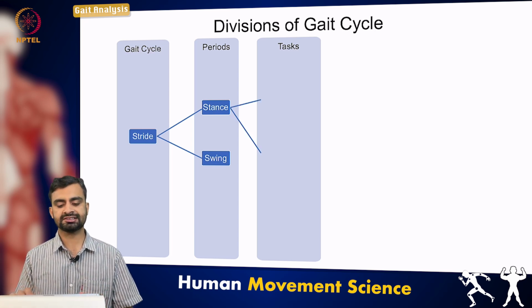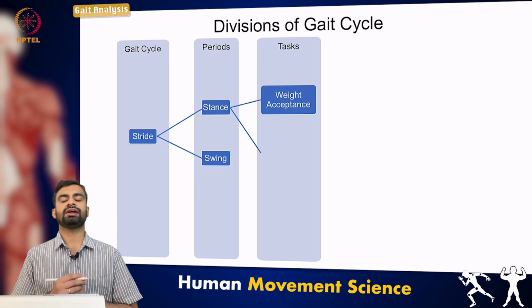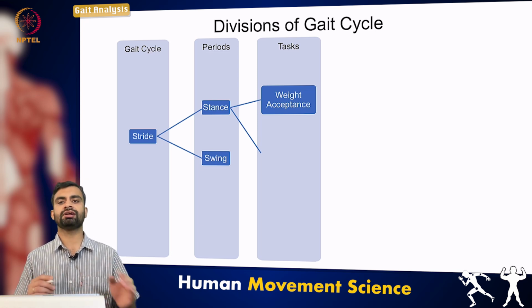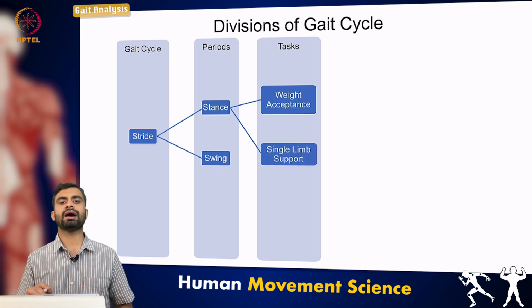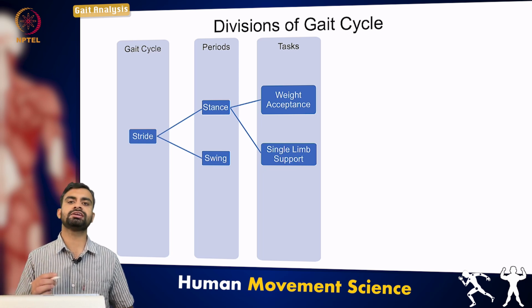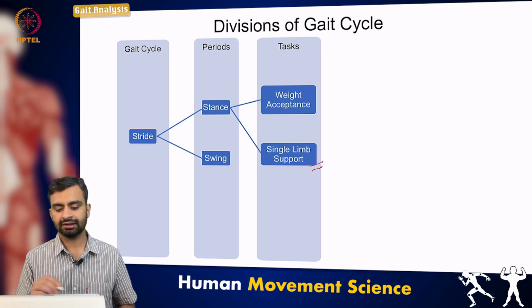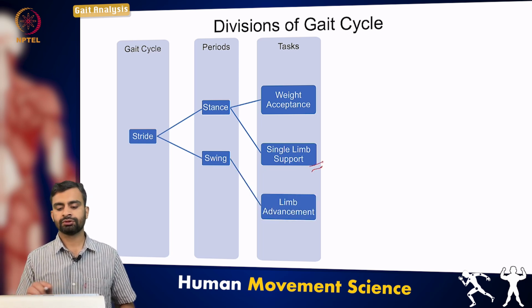So stance starts with weight acceptance, where the body transfers the weight from one limb to the other limb, followed by single limb support, where the whole weight of the body is supported by one limb only. Whereas in swing, we perform the task of limb advancement.